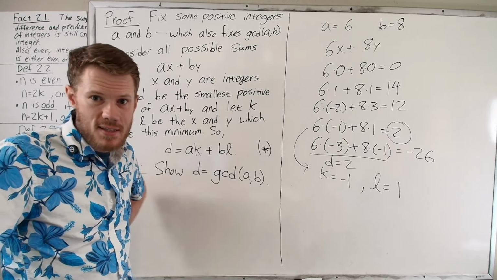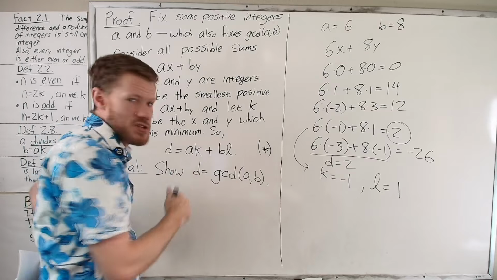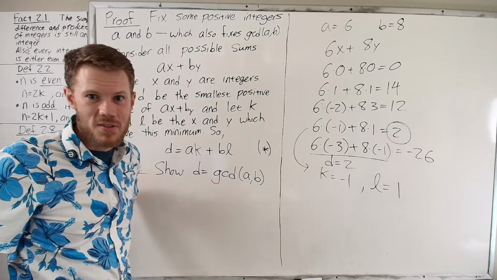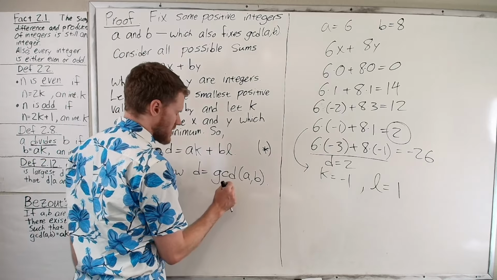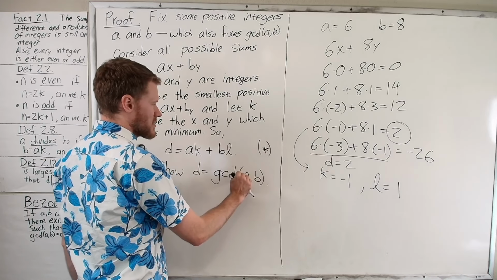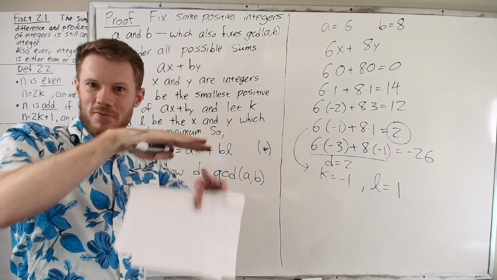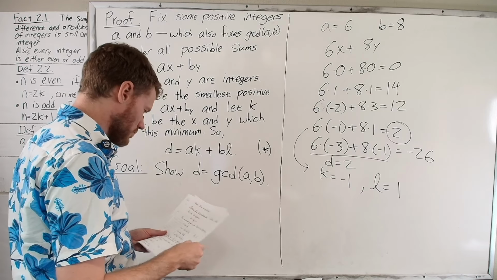That's what we wanted to show. But this required an insight, because who's to say that this minimum value will be the GCD? Someone had to have done a ton of examples or had a very good understanding of this problem to realize that the greatest common divisor and the minimum possible combination exactly meet in the middle. So that's cool.